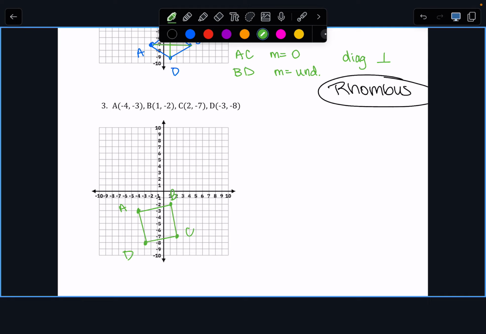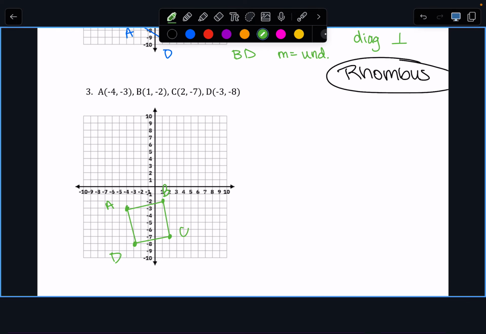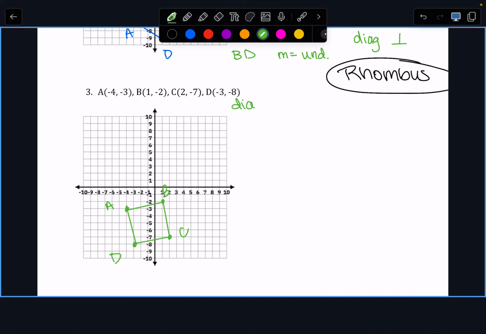I think I can guess what the next one is. What do you think? Square. We have some inklings that this could be a square. Okay. I want to use the diagonals only method on this one.